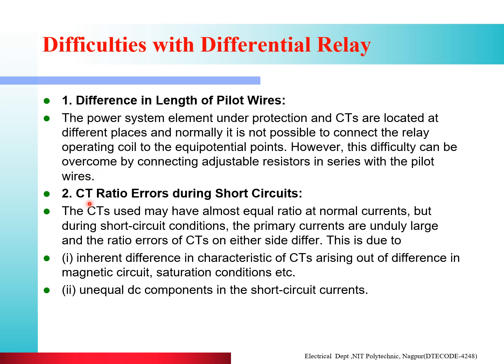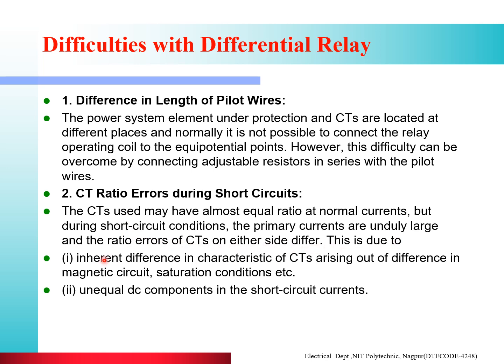Second difficulty, CT ratio error during short circuit. The CTs used may have almost equal ratio at normal current, but during short circuit condition, the primary currents are unduly large and the ratio errors of the CTs on either side differ. Both the connected CTs may have the ratio error.